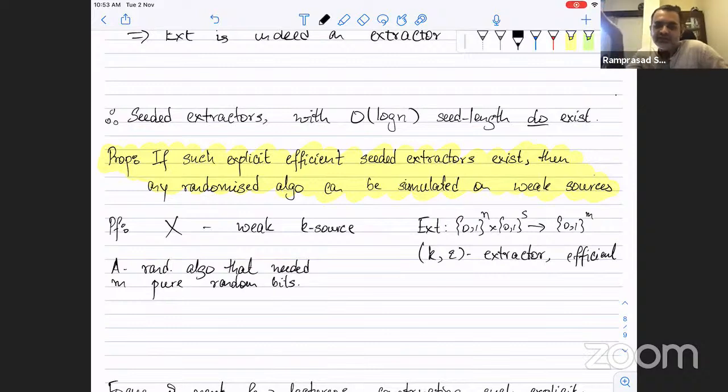Previously, we were just running the extractor on X. But now I also need to feed in a little bit of pure randomness. Okay. But here the amount of pure randomness I'm feeding in is so small that hopefully I can just brute force over it. So what would you want to do?